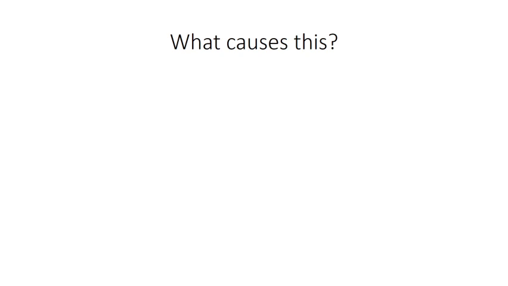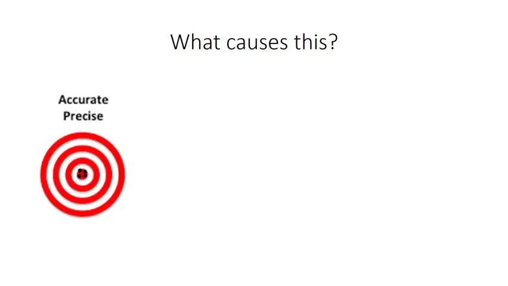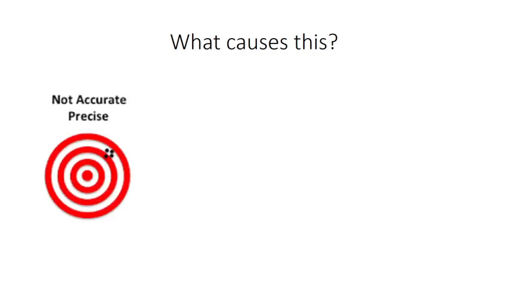So what causes these things, accurate and precise, in terms of chemistry? Your equipment would be well calibrated and you would also have good laboratory practices. Not accurate but precise: you probably have good laboratory practices, but a lot of times this is caused by poor calibration of equipment or some sort of systematic error.